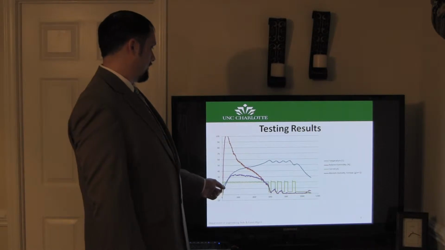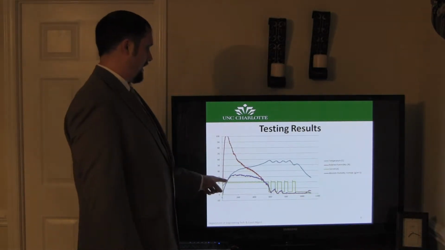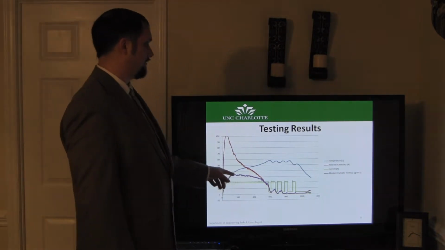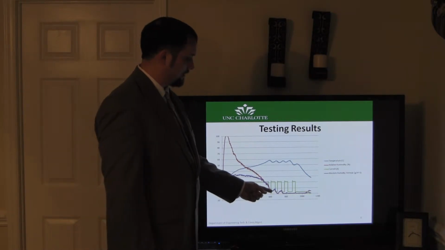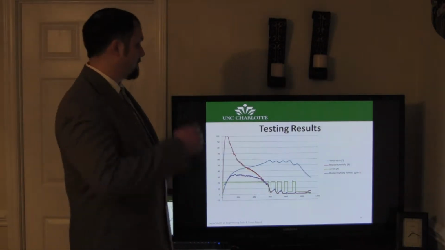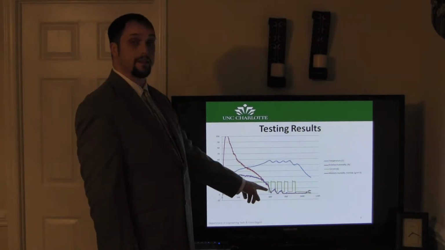You're going to see an exponential growth, and it's going to hold flat for a period of time, and then you're going to see a decay, and some growth and decay. None of that really matters. What really matters is where you start when you come back to it.